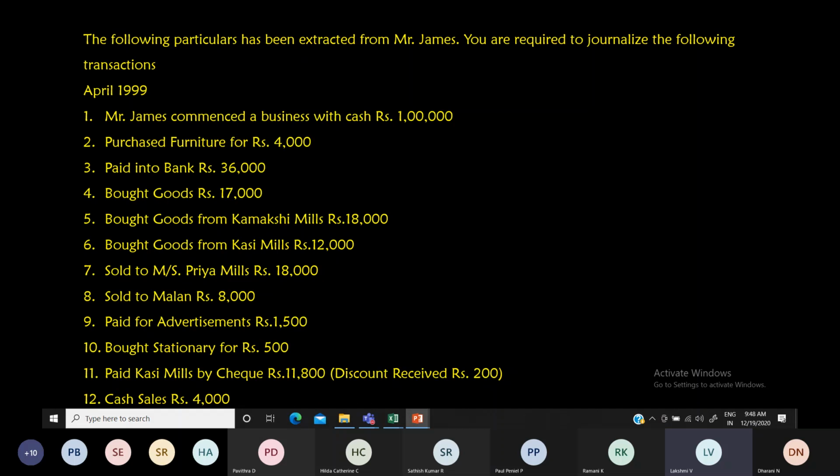If they don't mention whether it is a cash purchase or a credit purchase, how to consider it? If the transaction is silent about that, then you have to confirm that it is a cash purchase only. Bought or purchased, same meaning. So for bought goods, we should not use the goods account; purchases account only we have to use.